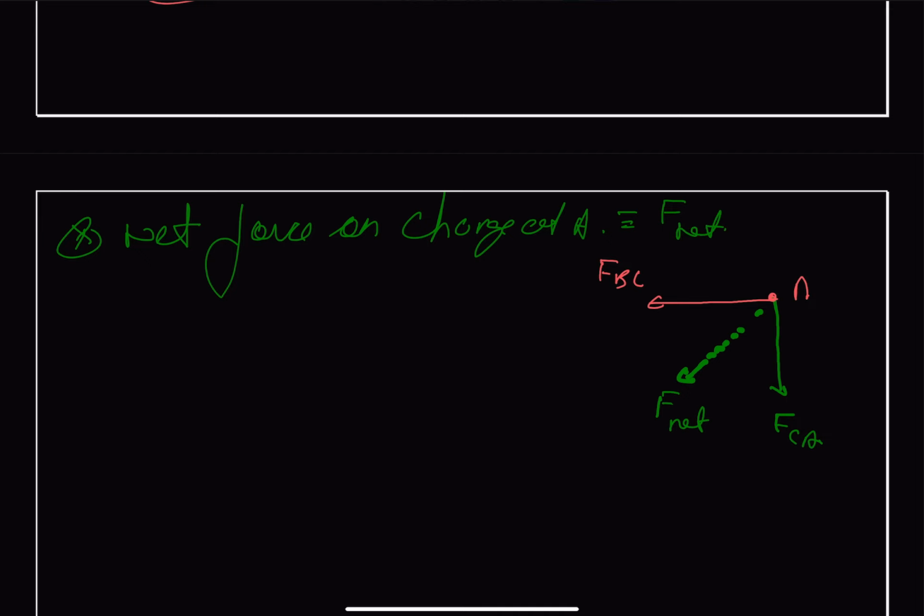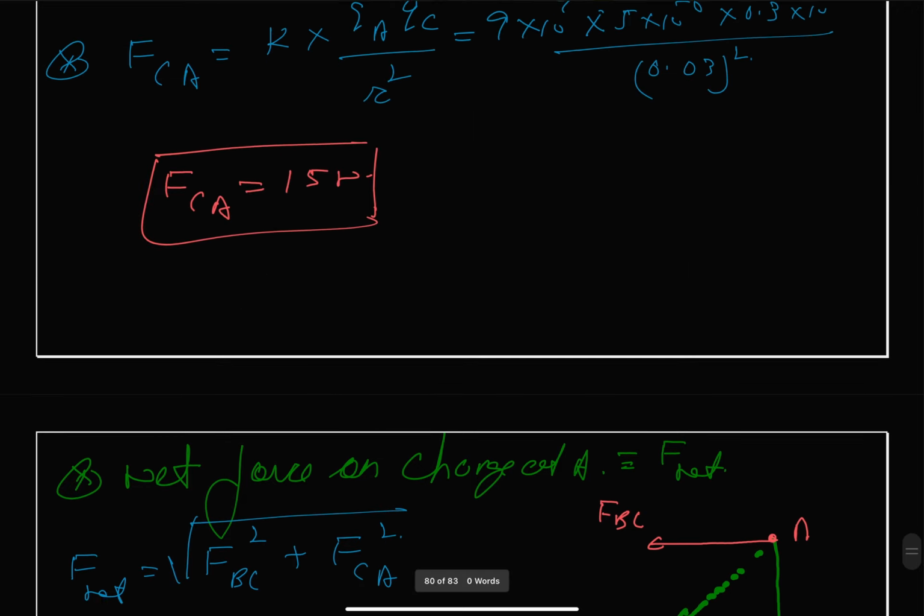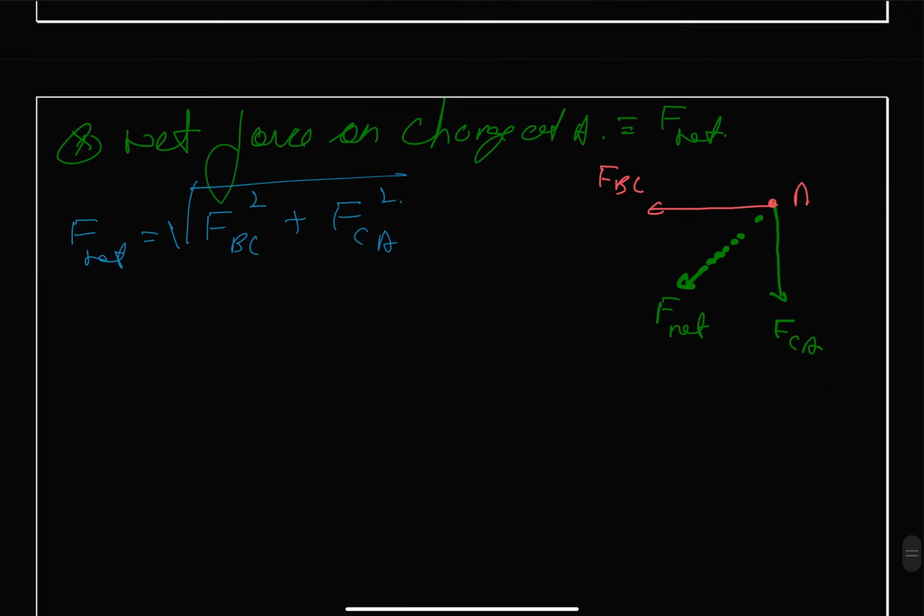F net will be equal to the square root of FBA square plus FCA square, that is 8 square plus 15 square, which is 64 plus 225.